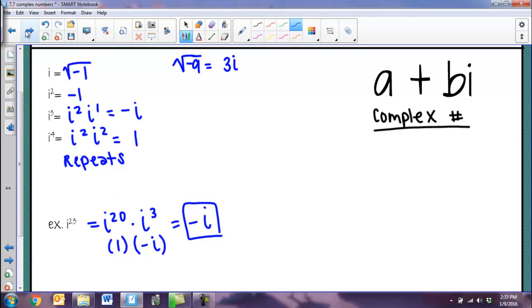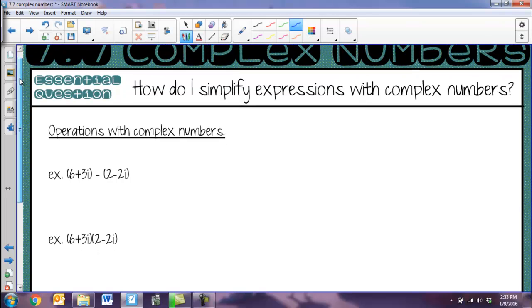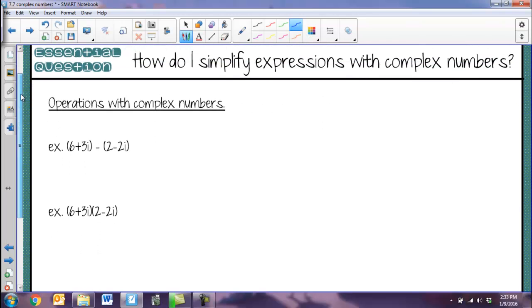So let's talk a little bit about some of those operations with those complex numbers. First one is addition, subtraction. And honestly, this works almost exactly like how your polynomials did, when we were simplifying those things. You're going to find your like terms and combine them. Hardest part here is when you have to distribute the negative.